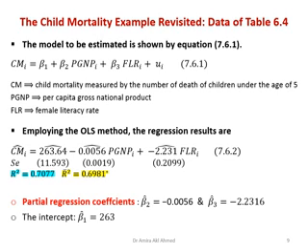Let's interpret these regression coefficients. Regarding the partial regression coefficient of the per capita gross national product, we could say that on average, as per capita GNP rises by $1,000, the number of deaths of children under the age of 5 decreases by around 5.6 per thousand live births, holding the female literacy constant.